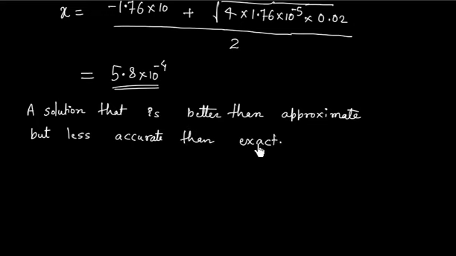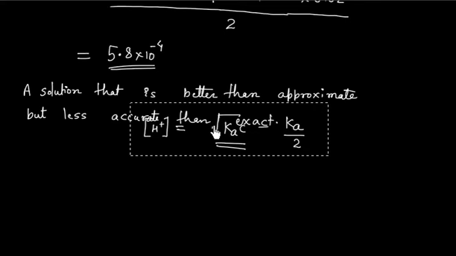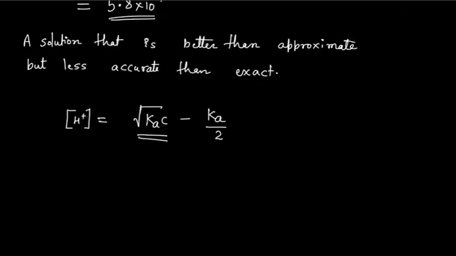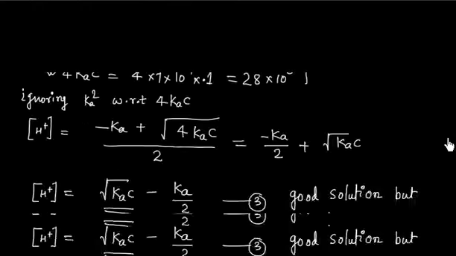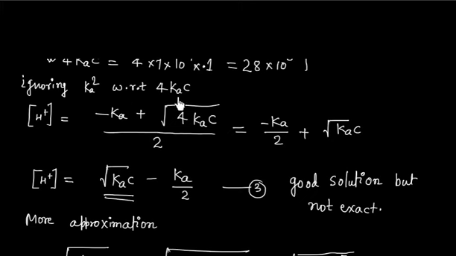If you remember, we have already said, this solution, H plus is under root KaC minus Ka by 2. So this solution we have done, if you remember. Let me show you, this solution is here. I said if you ignore Ka squared with respect to 4KaC, you will get this solution.